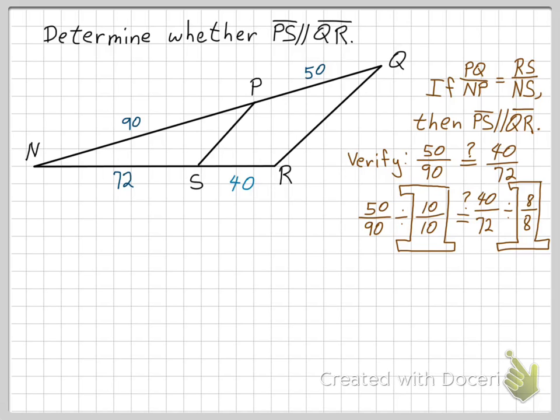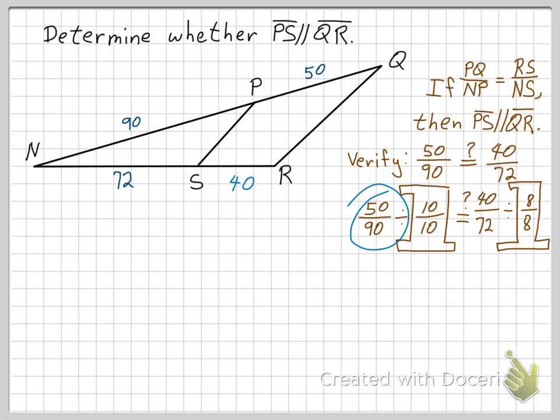So 50 over 90, divided by this magic number 1, is still going to be 50 over 90. And similarly, 40 over 72, I'm dividing by my magic number 1, which in this case is 8 over 8, because 8 is the greatest common factor that can go into both 40 and 72. And yet again, I'm dividing by my magic number 1, so the value is going to stay the same.